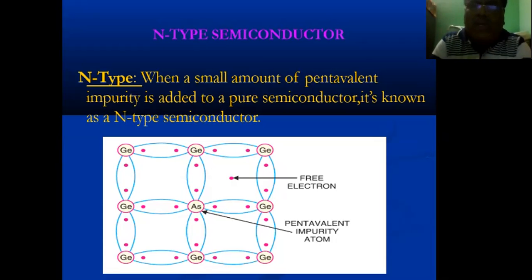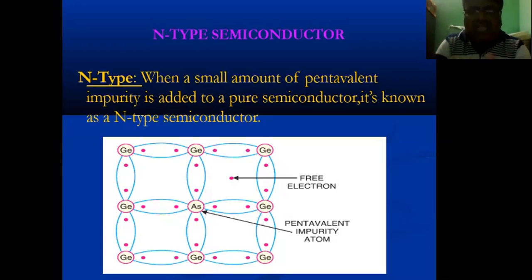Pentavalent impurities means phosphorus or arsenic. Penta means 5, pentavalent means 5 valence electrons. Phosphorus consists of 5, and arsenic also consists of 5.